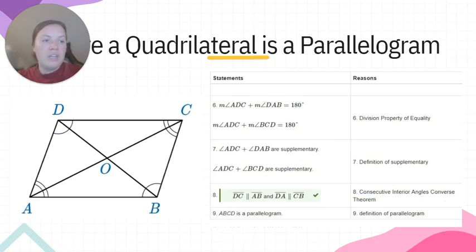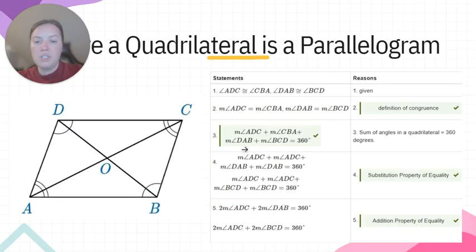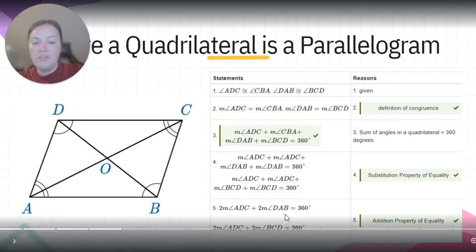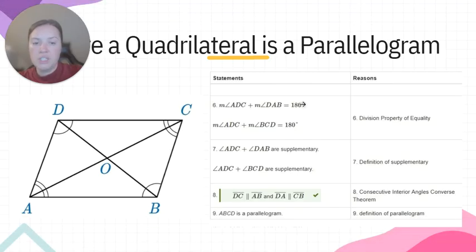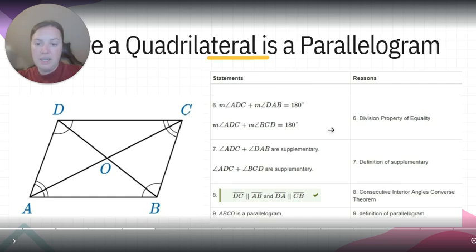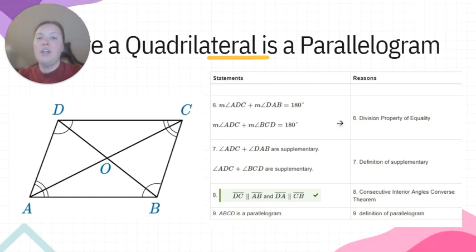So to summarize this problem, we talked about how our angles are equal to each other. They all add up to 360. We replaced the values so we could get these two of the same types. We removed the two from all portions of our equation, which shows that they're supplementary. If they're supplementary interior angles, then they're parallel, and if they are both parallel, then they're parallelograms. So that is showing that a quadrilateral is a parallelogram using the angles.